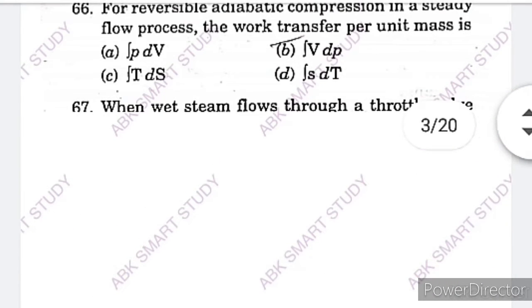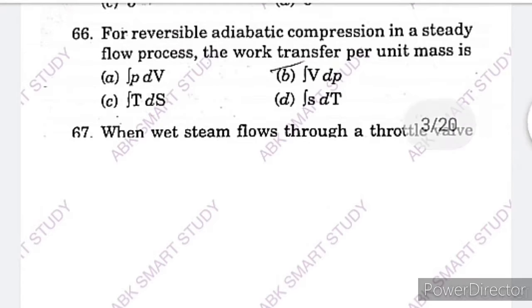For a reversible adiabatic compression in a steady flow process, the work transfer per unit mass is. Given options are: A integration of P dV, option B integration of V dP, option C integration of T ds, and option D integration of S dT.